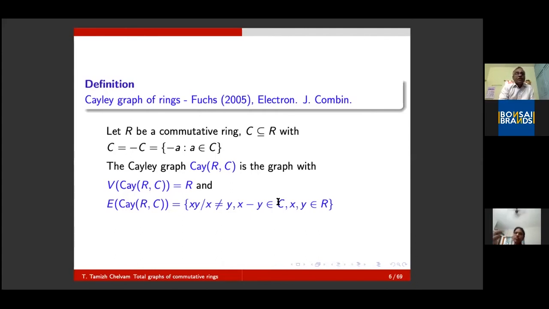Here, one variation to be noted is that we have not assumed C is a generating set of R plus. Of course, the assumption of a generating set makes the Cayley graph connected, but in this situation we have not taken C as a generating set of R plus, thereby there is no guarantee that this Cayley graph of rings is connected.